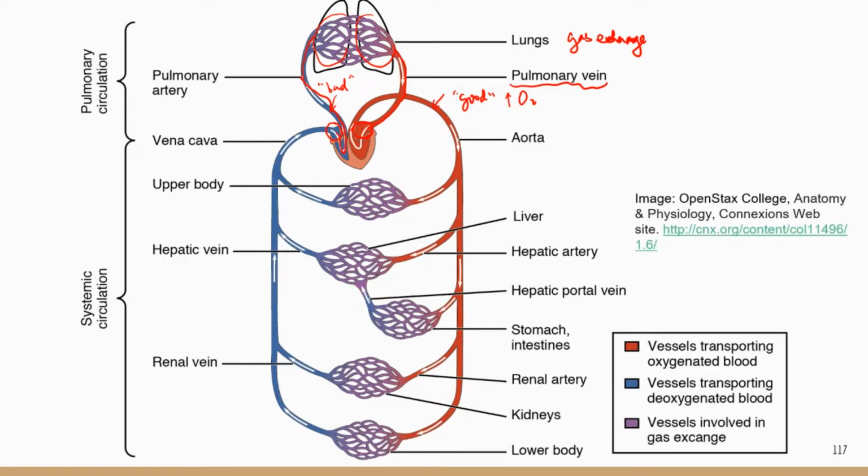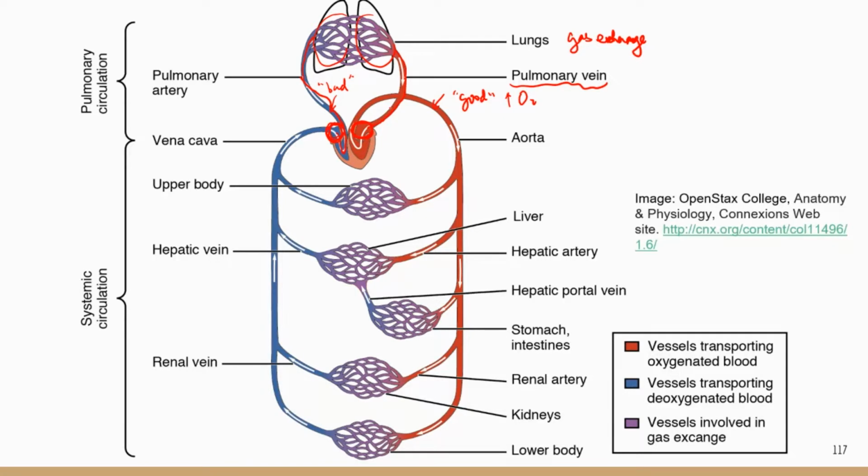Remember the atria is plural, atrium is singular. So the 2 atria, the 2 superior smaller chambers, they're the receiving chambers. So the right atrium will receive blood from superior vena cava and inferior vena cava. And the left atrium will receive blood from the pulmonary veins.